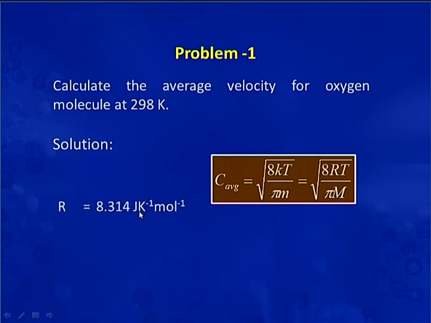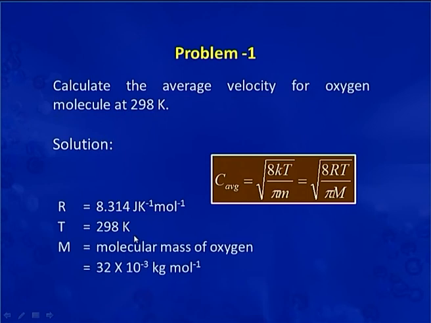The ideal gas constant R is 8.314 joule per Kelvin per mole and the value of temperature is given, it is 298 Kelvin. The molecular mass M of oxygen is 32 × 10^-3 kg per mole.